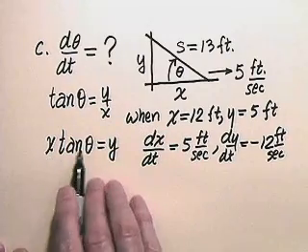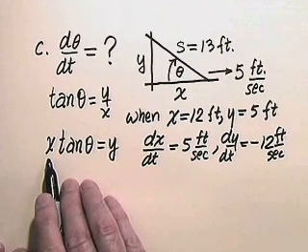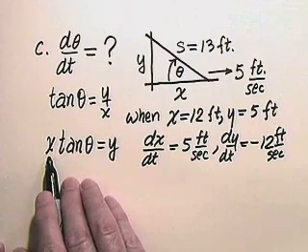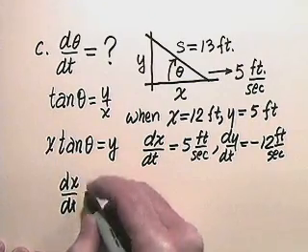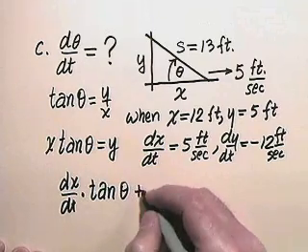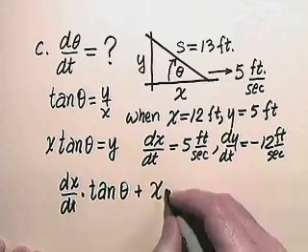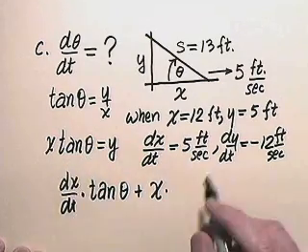So in the first expression on the left, we have a product of two functions of t, so we have to use the product rule. The derivative of the first factor then is dx/dt multiplied by the second factor, tangent of theta, plus x, and now we have to multiply by the derivative of tangent of theta with respect to t.